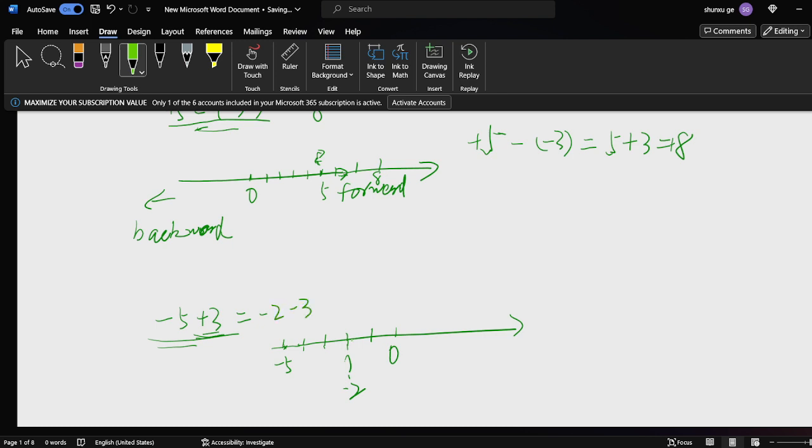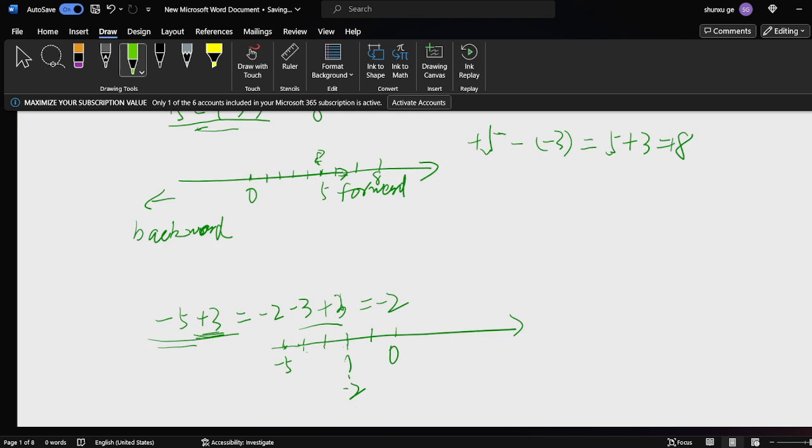You see here? This negative 2 plus negative 3. Here is negative 2, then 1, 2, 3, negative 3. Totally is negative 5. So this original number is positive 3. So negative 3 plus positive 3 is 0. Here is 0. So the solution should be negative 2.